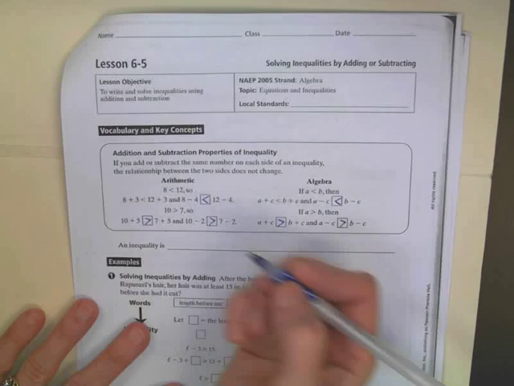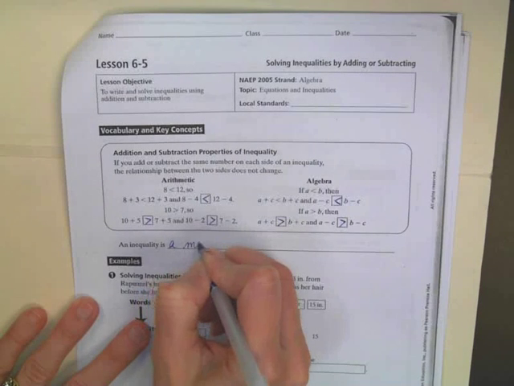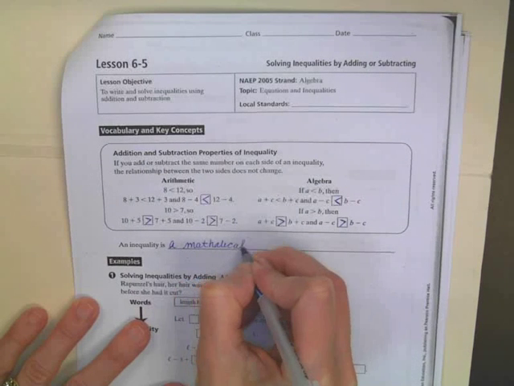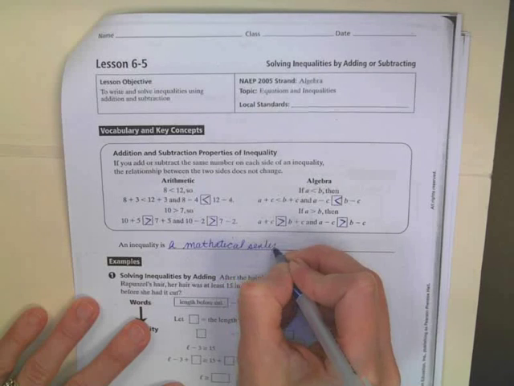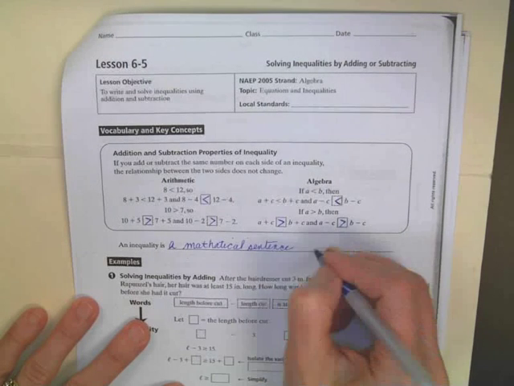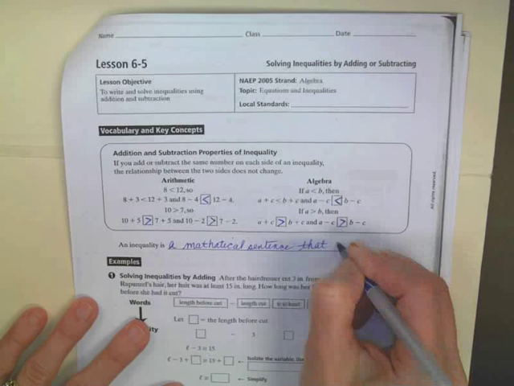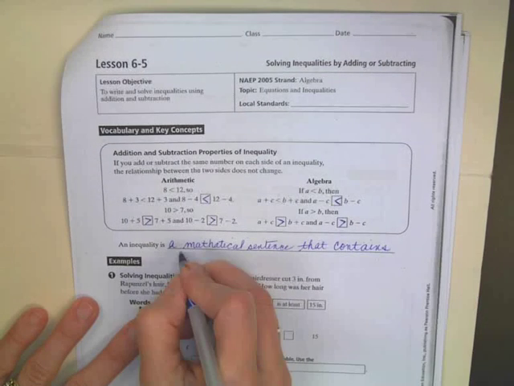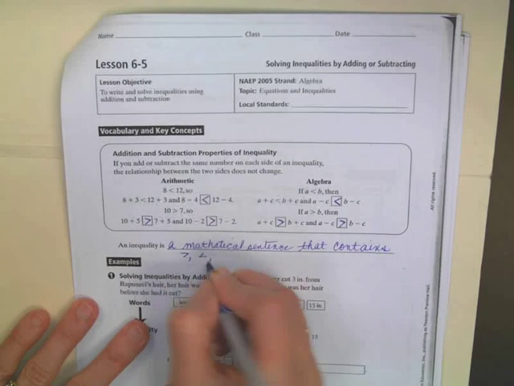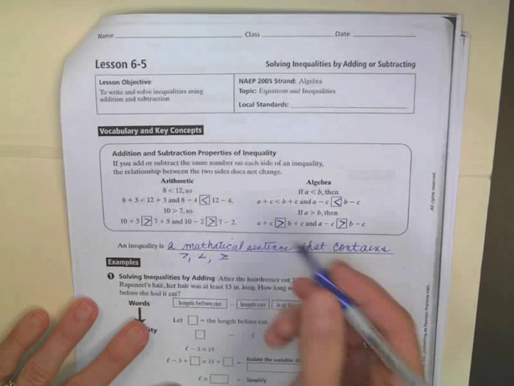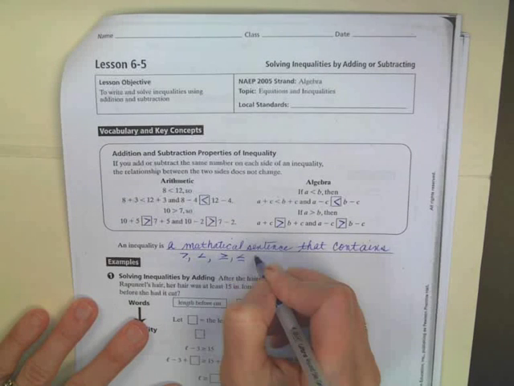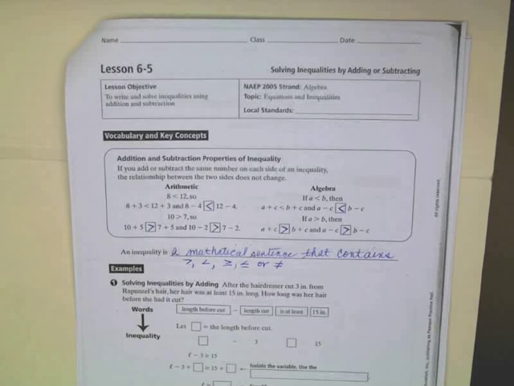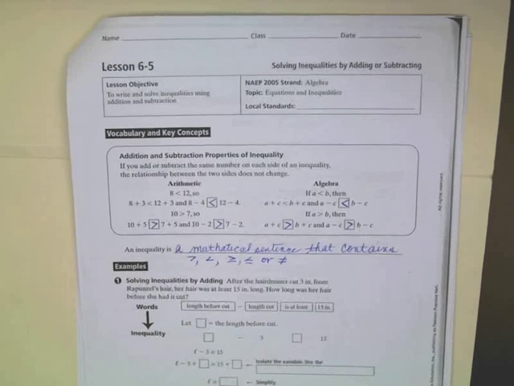The definition of an inequality is a mathematical sentence that contains greater than, less than, greater than or equal to, less than or equal to, or not equal to, with a slash through the equal sign.